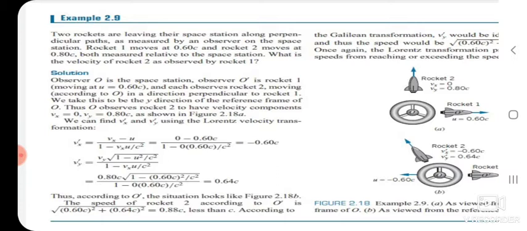Similarly, Vy prime is equal to Vy into square root of 1 minus u square by c square divided by 1 minus Vx u by c square. If we substitute the value of Vy is equal to 0.8 c into square root of 1 minus (0.6 c) square divided by c square, divided by 1 minus 0 into 0.6 c by c square, Vy prime is equal to 0.64 c.